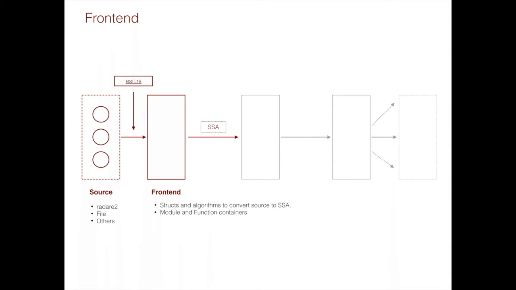Now, we have to modify this because the original paper is designed for source analysis, so it assumes that it has hierarchical constructs like if, for loop, while loop, and stuff like that. So we have to make minor changes to be able to adapt that to the binary level. Now, I'll take a short detour and talk about the radeco IR itself, because this will be useful while discussing the analysis.